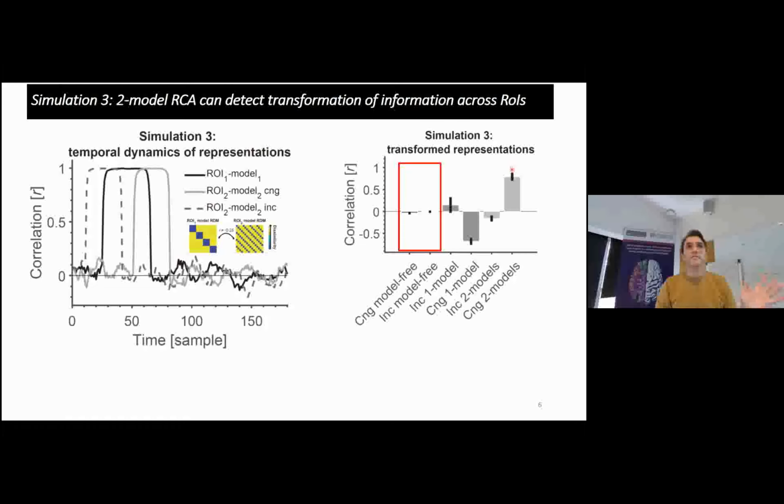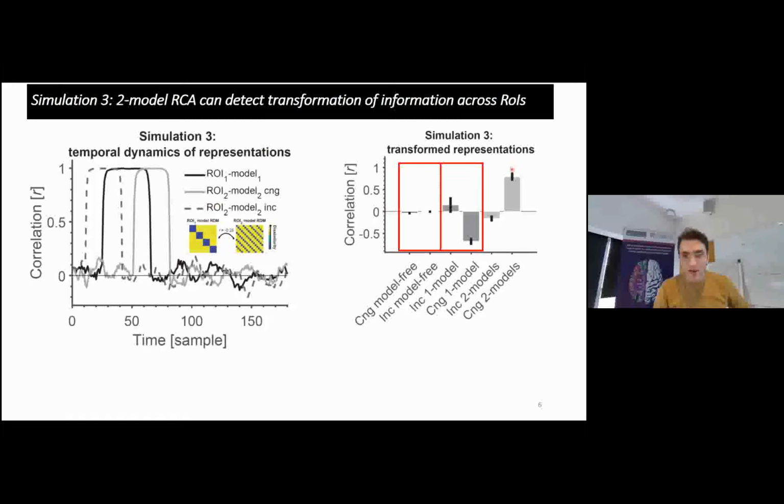And what we saw was that model-free RCA cannot pick up that connectivity, which we were expecting, simply because the two regions are processing two different aspects of information. When you correlate the two RDMs directly, you cannot pick up that information transfer, simply because the RDMs oppose one another.